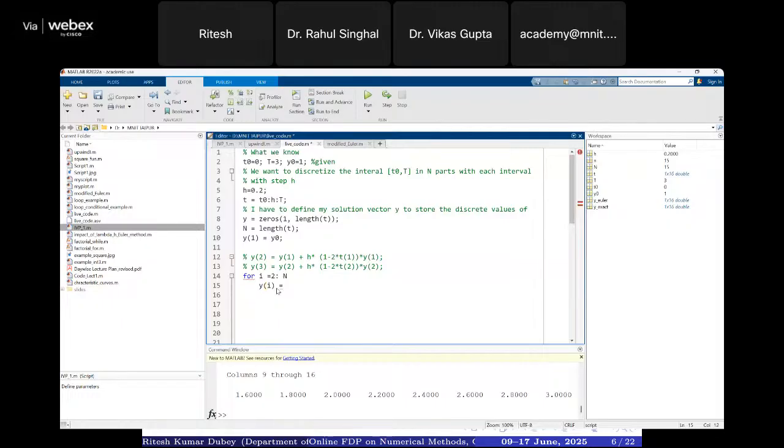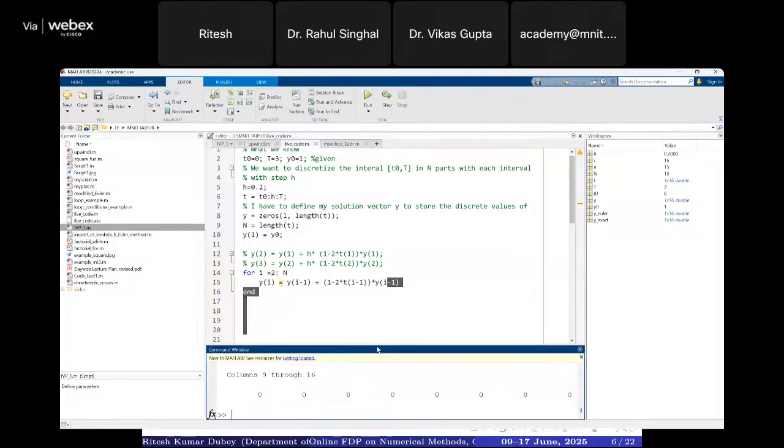So y i is equal to y i minus 1 plus h times (1 minus 2 star t i minus 1) star y i minus 1. I hope I'm not doing anything wrong. Then I write end, and if I run the code, it will give me all the outputs on the screen.